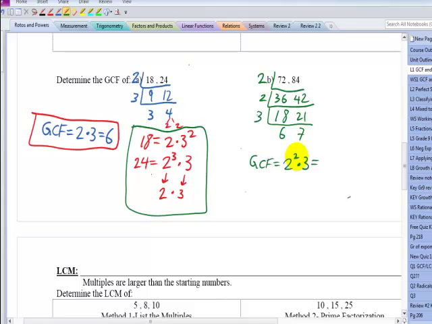Who has the GCF? Anyone? Hepner, what do you think? 2 squared times 3. Which equals? Bingo. I think we got 12. Okay, I'll let you finish. I know I went faster, so I didn't give you that much time.